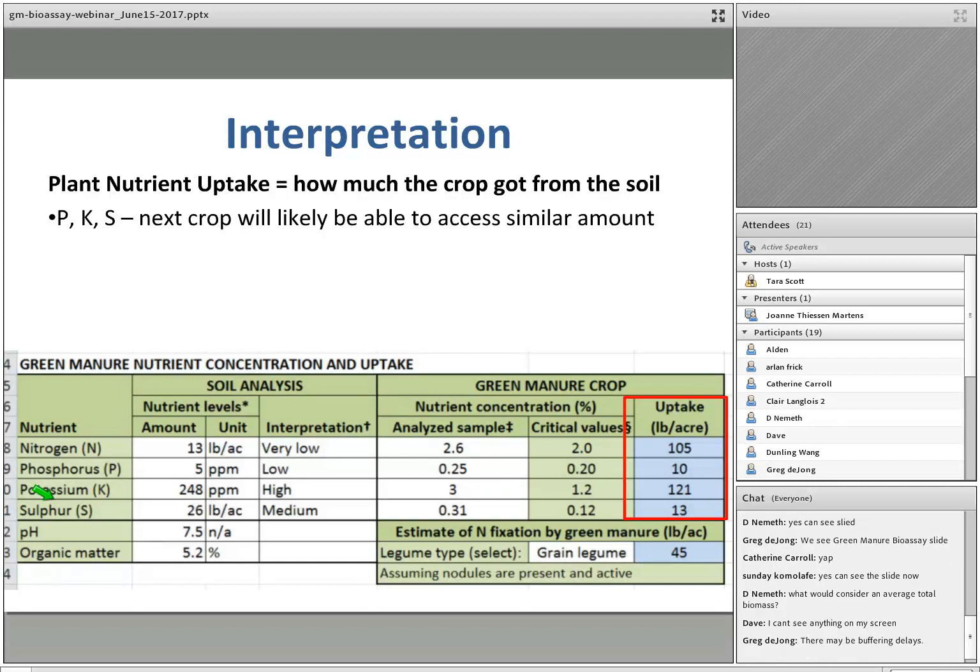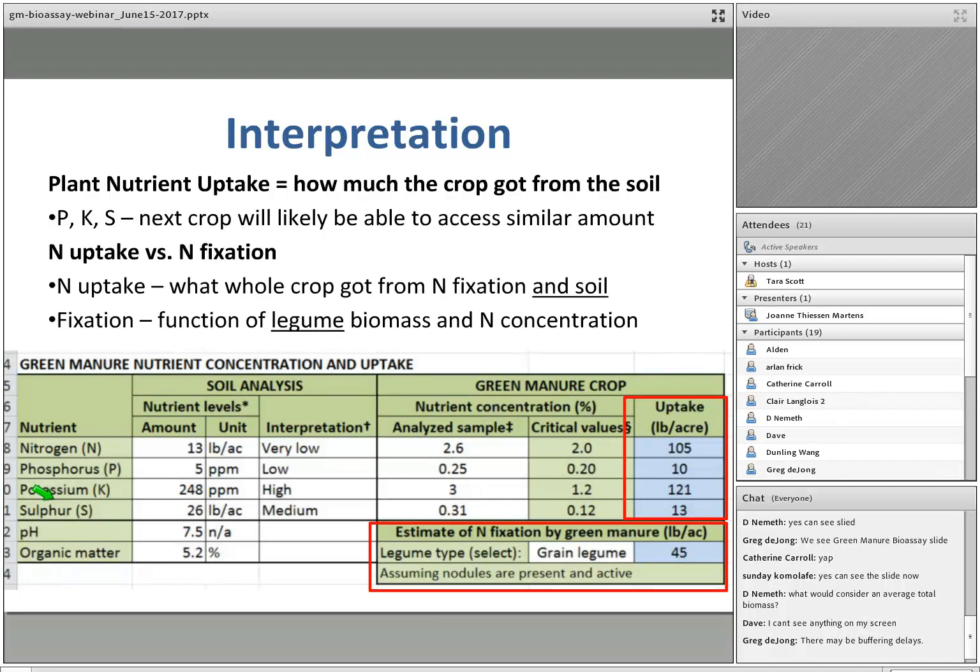In the past, we have also been saying that the nitrogen uptake is a rough estimate of the nitrogen fixation by the green manure, as long as certain assumptions were met. Based on a reading of the literature over the last year, we've refined our method for estimating nitrogen fixation, and so we've added that to the tool.